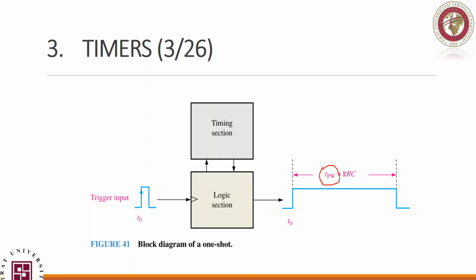We have a constant. This depends on R and C. We have some sort of relationship between timing and the RC constant, or the multiplication of R and C. That means the timing component, the resistance's value times the capacitance's value, and we have the proportionality constant K. You will not have to determine it.